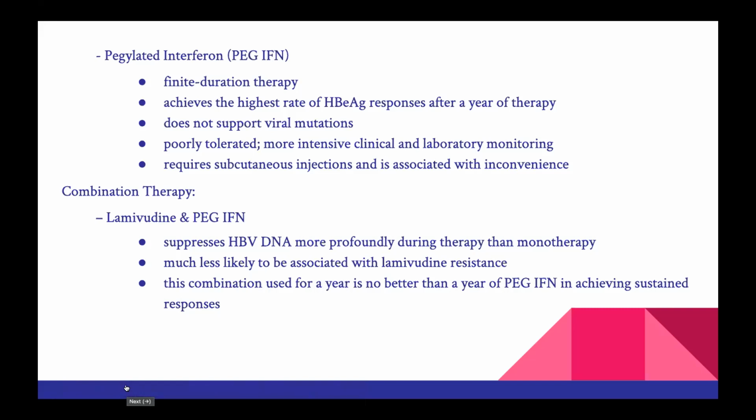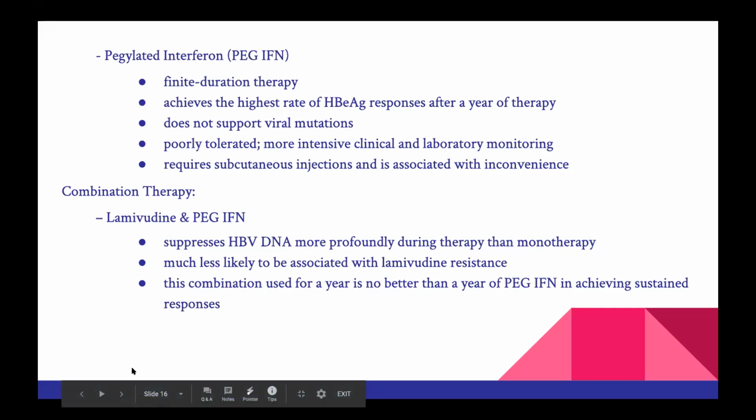The next is the combination therapy. The combination therapy is the combination of the nucleoside analogs and the pegylated interferon. The nucleoside analog being used here is lamivudine in combination with the pegylated interferon. So it suppresses the hepatitis B virus DNA more profoundly during therapy than monotherapy.